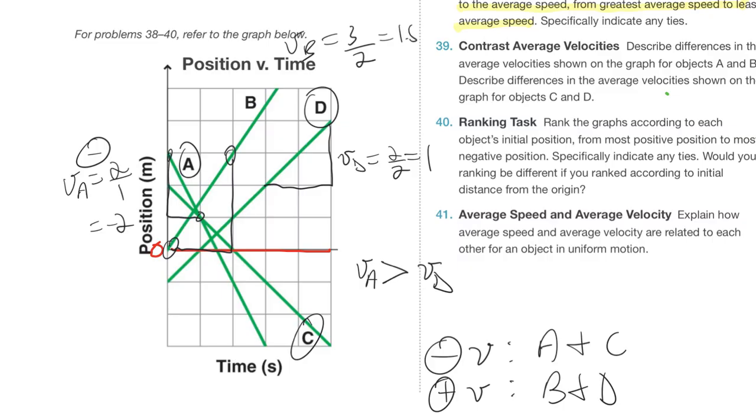It's 1.5. And the other one, guess we didn't do C. C looks like it's 1 over 1. So VC is 1 over 1. So it's tied with D.